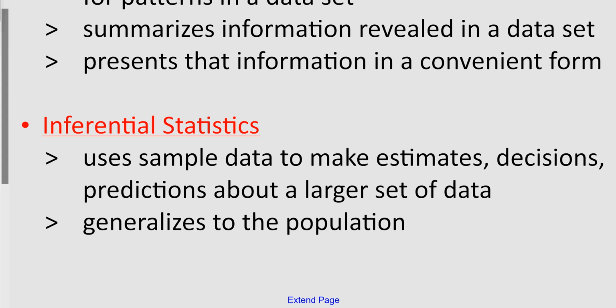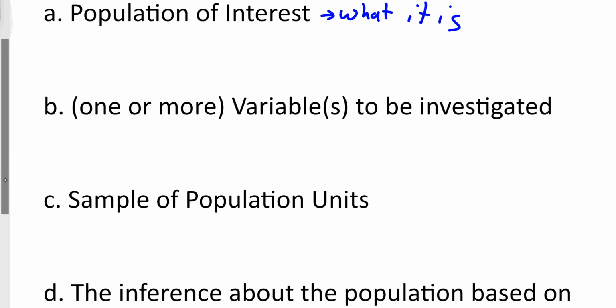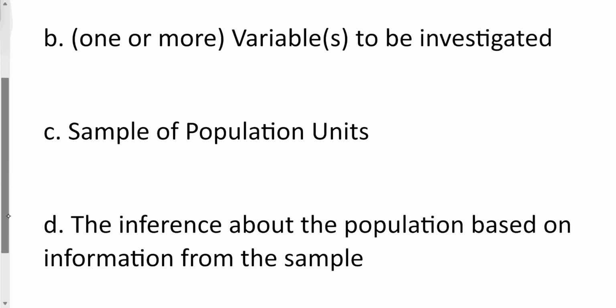Now, there are 5 components of inferential statistics. The population of interest, basically what it is, okay? What is our population? One or more variables to be investigated. Okay, what are we actually looking at here? And then the sample of the population units.